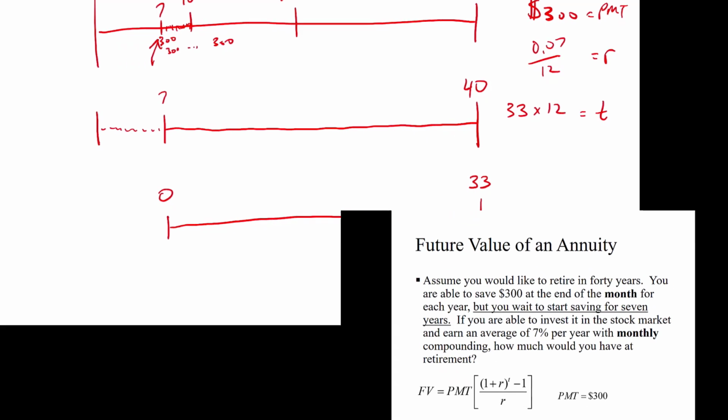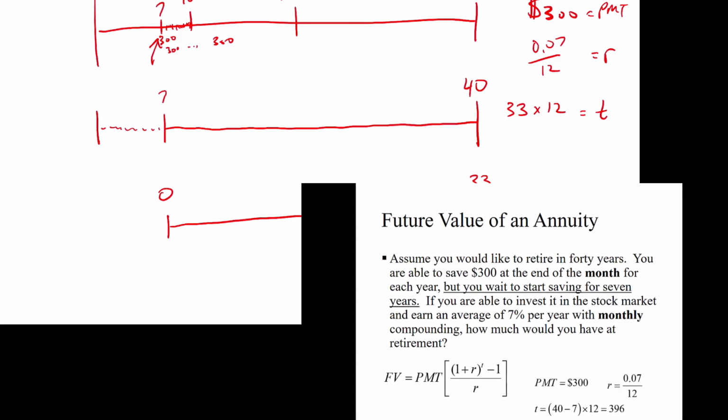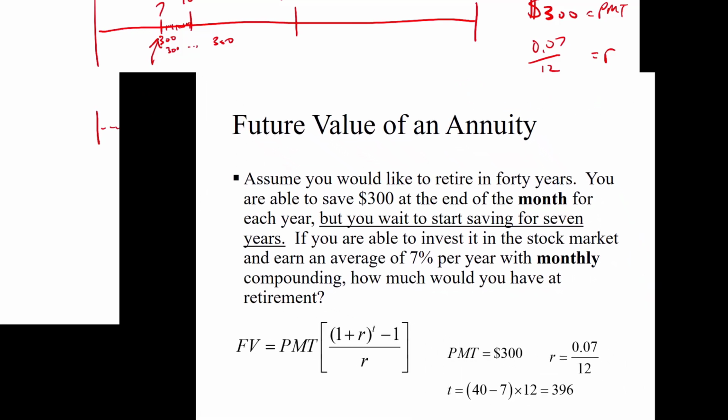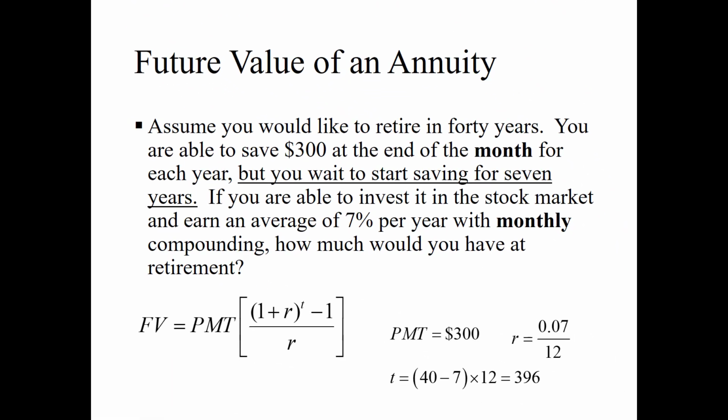Our input for payment is going to be the same. It's still $300 per month. Our R is still going to be a periodic rate of 7% divided by 12. And our T is going to be the amount of time that we're going to be investing our annuity for, but we're waiting 7 years before we contribute. So we'll only be earning interest and investing for 33 years.